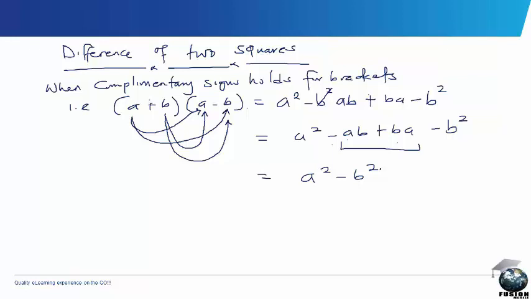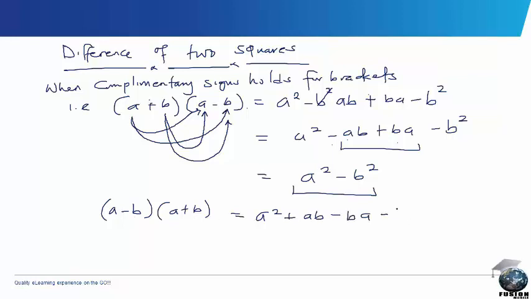Alright, so when you multiply the difference of two squares, you will have a value that looks exactly like this. Now you should note that where the signs lie does not really matter, because it could actually be minus a plus b here, and if you carry out the same multiplication expansion, you have a squared, and then you have plus ab, and then minus ba, and then minus b squared, okay, which will eventually lead you, these two take care of themselves, to the same outcome.